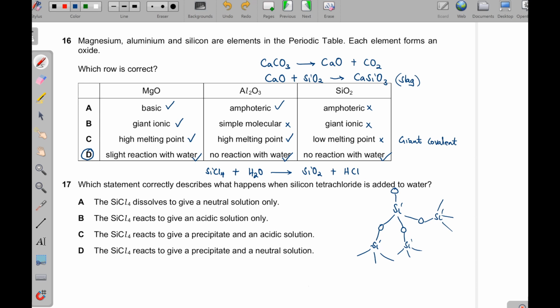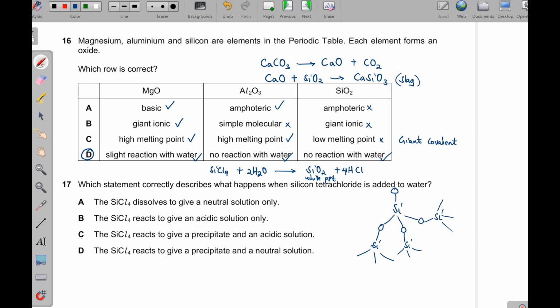These are steamy fumes or white fumes that come off. To balance this, I will put a 4 here and a 2 here. This one is insoluble. It comes off as a white PPT. So no reaction with water. A precipitate doesn't dissolve or react with water. So that's why our answer is D.